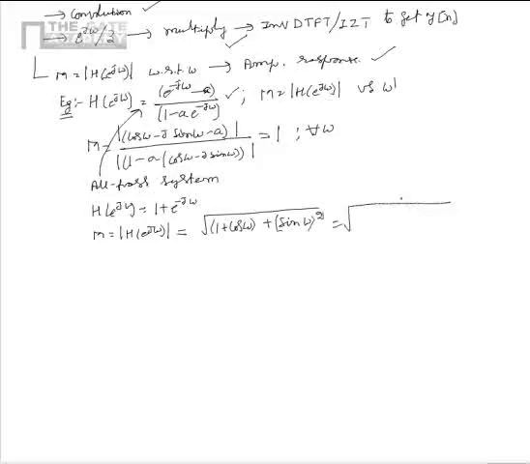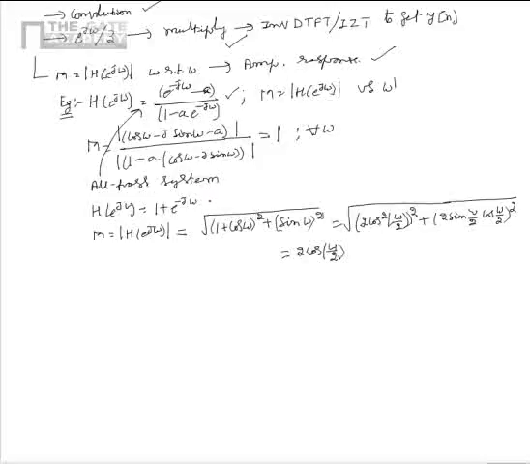This is equal to (2 cos square omega by 2) whole square plus (2 sin omega by 2 cos omega by 2) whole square. Upon simplification, we see that M is equal to 2 cos omega by 2.